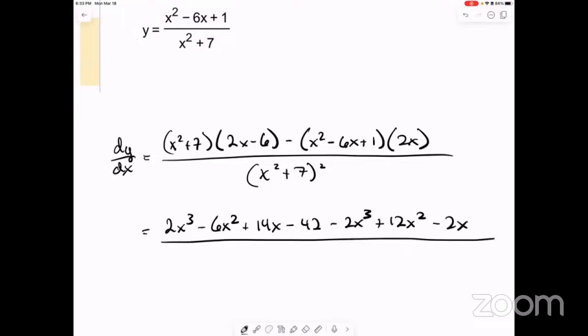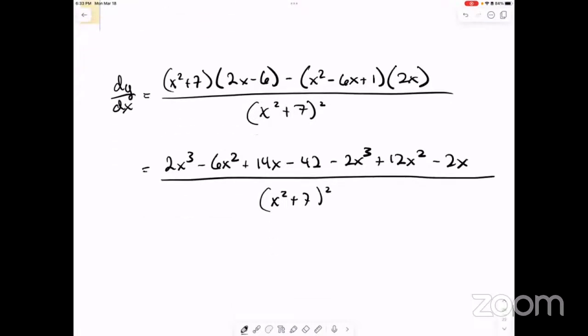Negative 2x cubed cancels this guy. Okay. 12 minus 6 is going to be 6x squared. So we used that one, we used that one. 14 minus 2 is 12. And we use that one and that one. So the only one that's left is then minus 42.